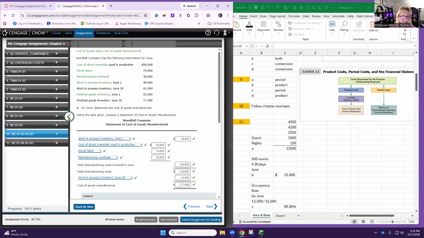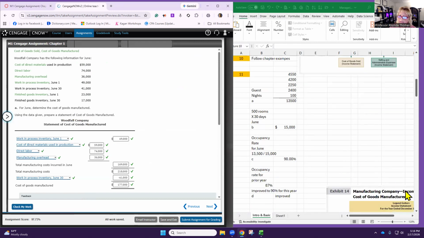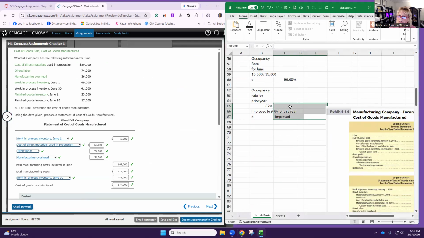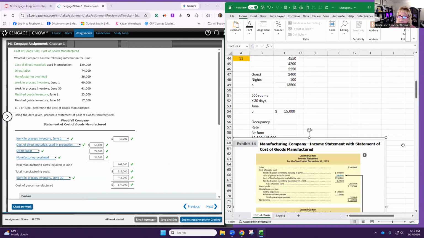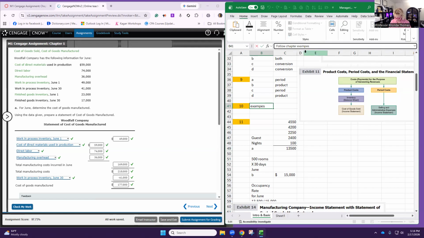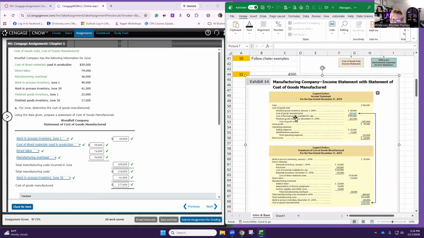Now we're ready to put together a statement of cost of goods manufactured. I want to show this to you. We're going to use this as an example, following the chapter example. It's a matter of getting a cost of goods manufactured in front of your face.